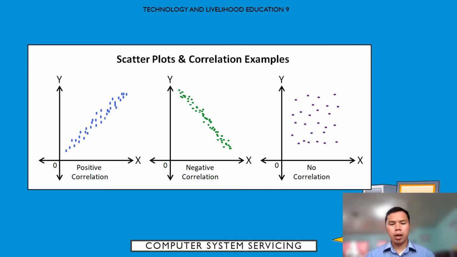When the dots are plotted in a downward trend, that is interpreted as negative correlation. And when there is no trend and the dots are too scattered, that is interpreted as no correlation, which means that there's no relationship between the variables.